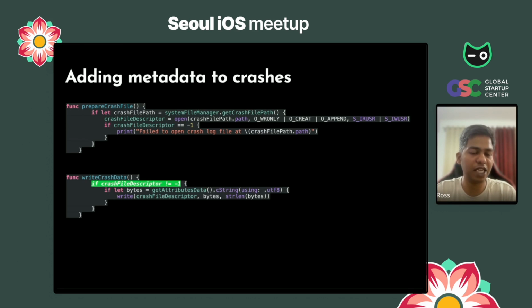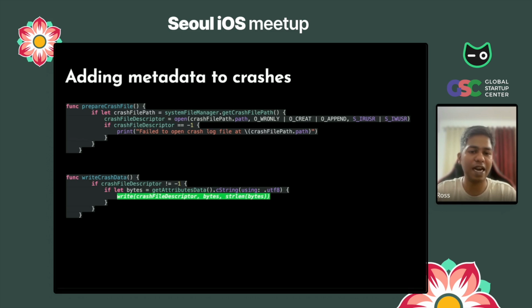Firstly, we go ahead and check whether the file descriptor is a non-negative value, meaning whether the file was opened successfully or not. If the file was opened successfully, we already have pre-written JSON data in a string format. So we convert that string into a C string, which is nothing but a binary data dump using UTF-8 encoding.